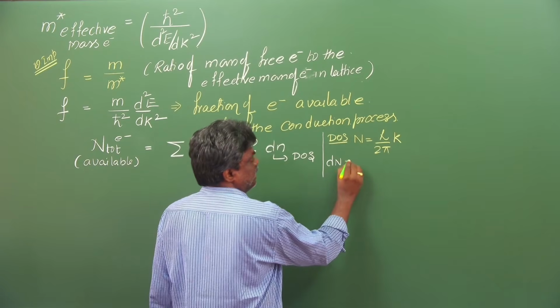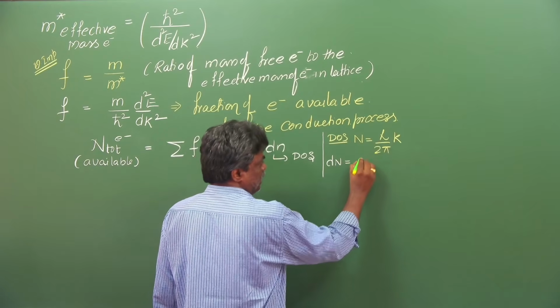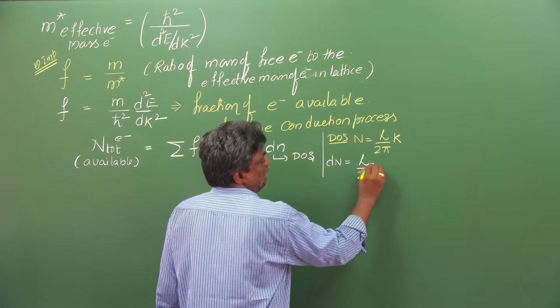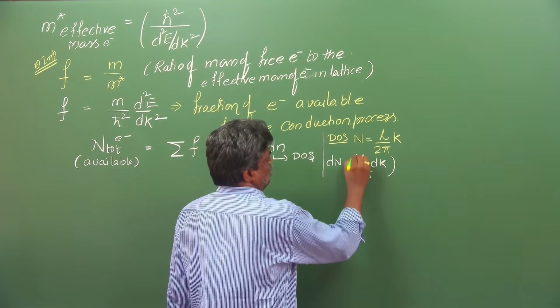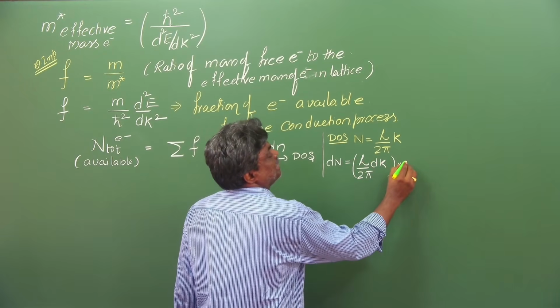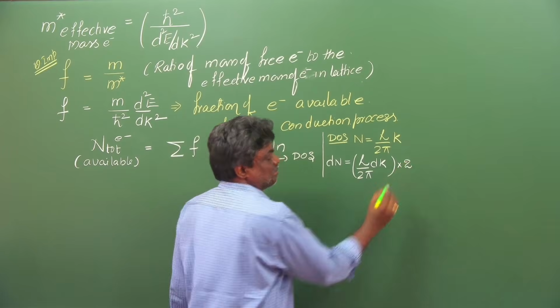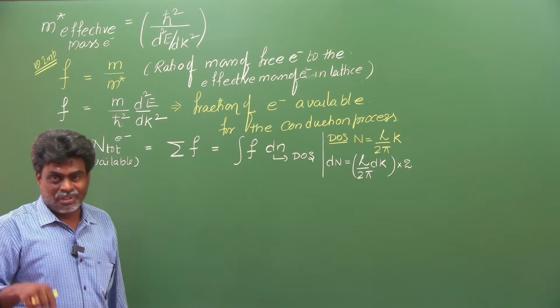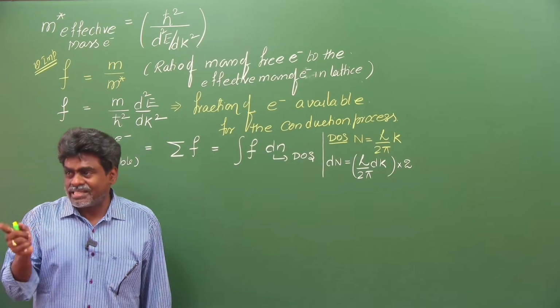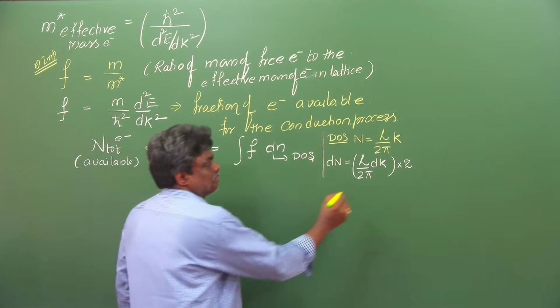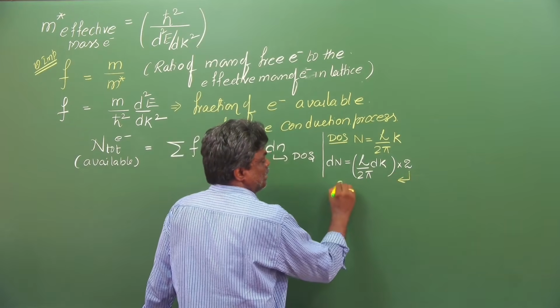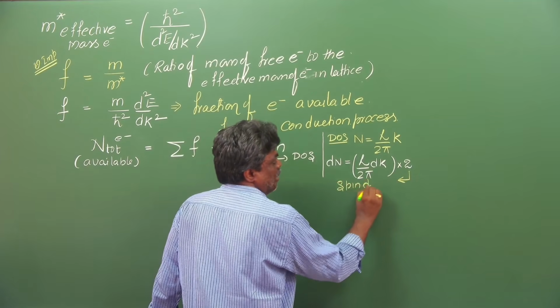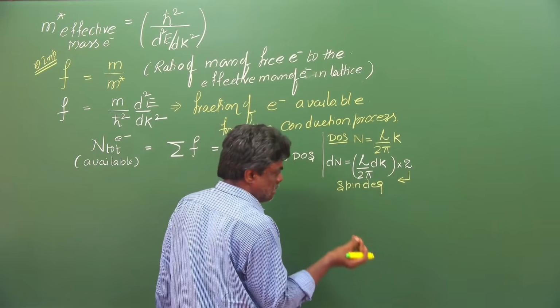I am writing dn equal to L by 2 pi into, but you have to multiply with the degeneracy, because it's an electron system. You are filling the electrons, so there exists a spin degeneracy. That's why this is 2.